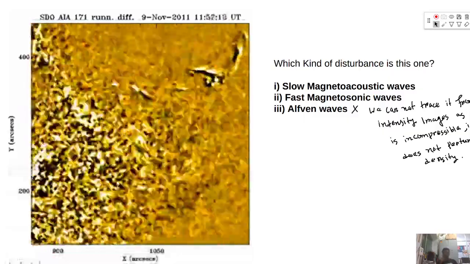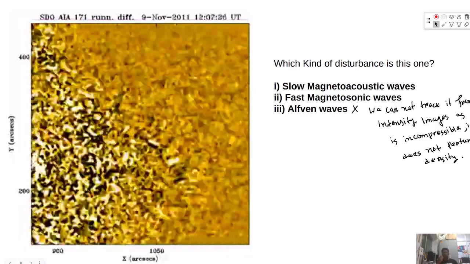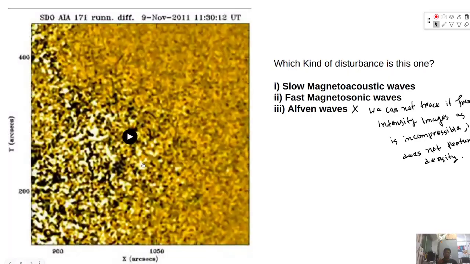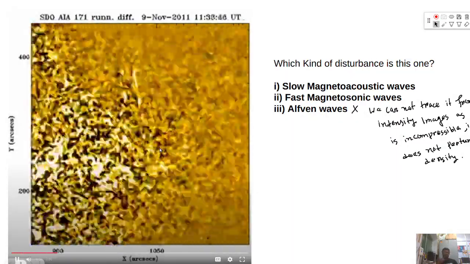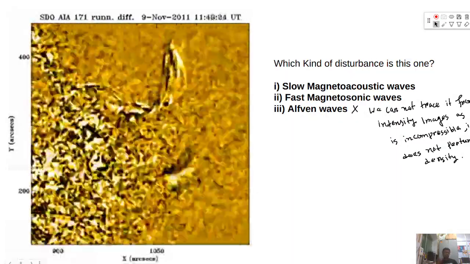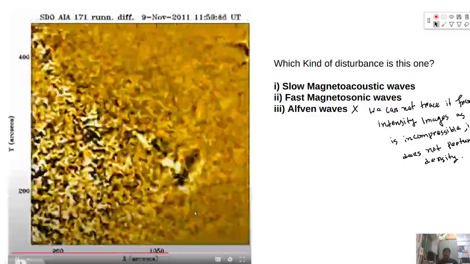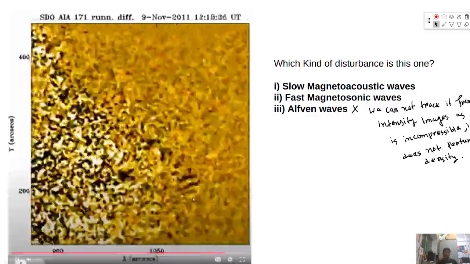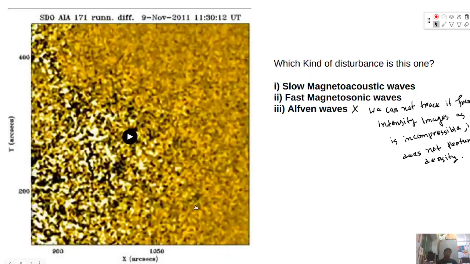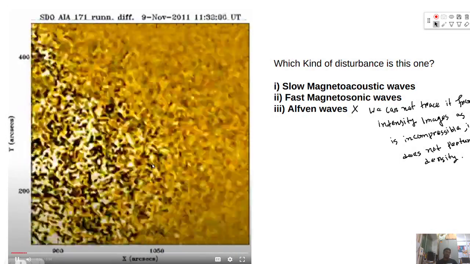This is an image in which you are finding that some bright and dark fringes are going around. That can have a possible structure of rarefaction or compression, right, which is one of the observational evidences of acoustic modes. So here you can find these wave fronts which are basically moving across the field lines.